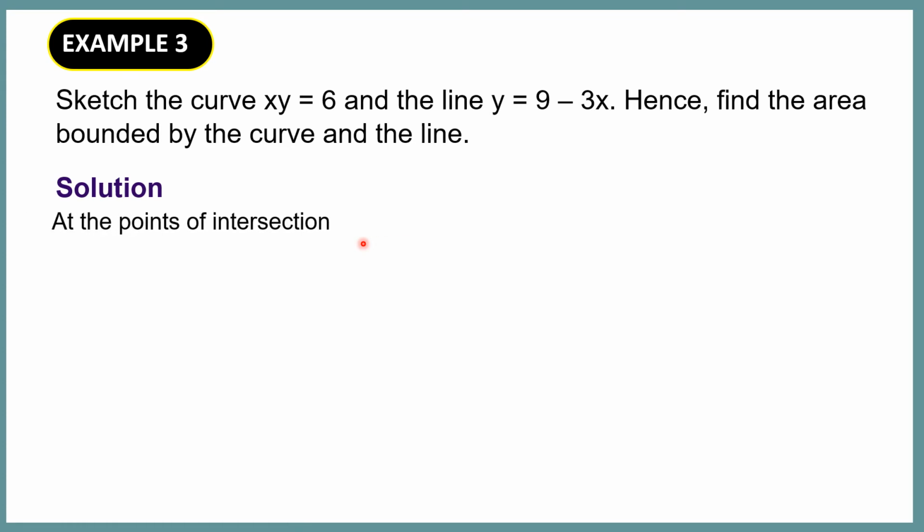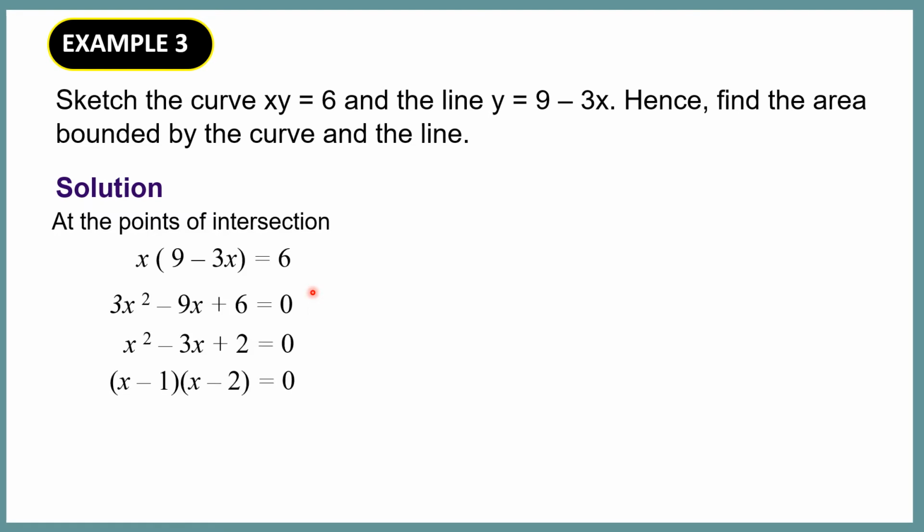This is done by substituting y equals 9 minus 3x into the equation xy equals 6. Thus, we have x multiplied by, in brackets, 9 minus 3x equals 6. Simplifying, factorizing, we have x equals 1 or x equals 2.